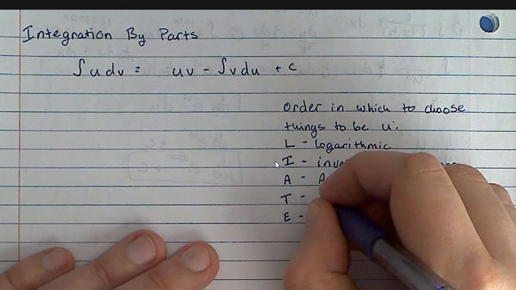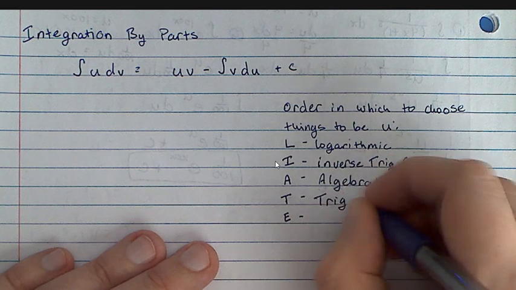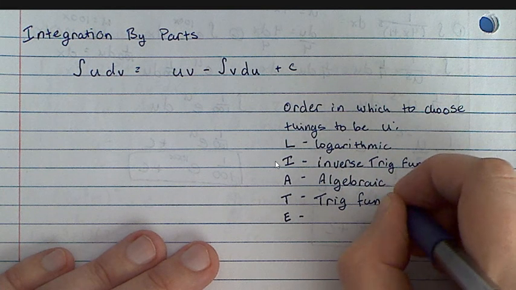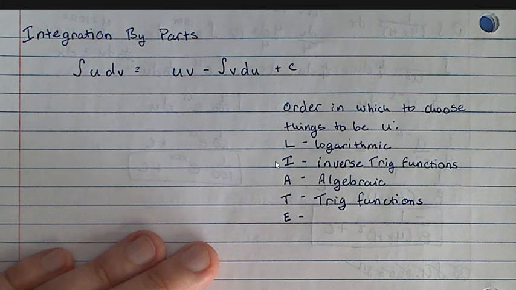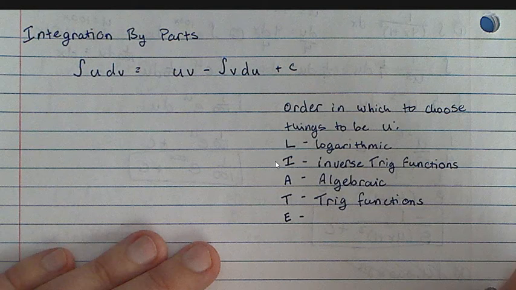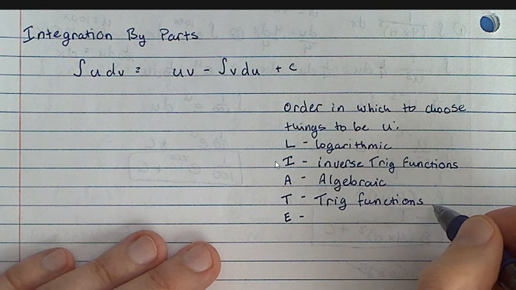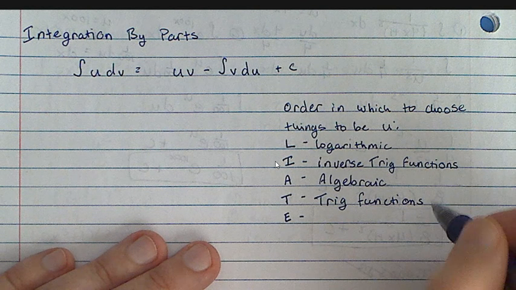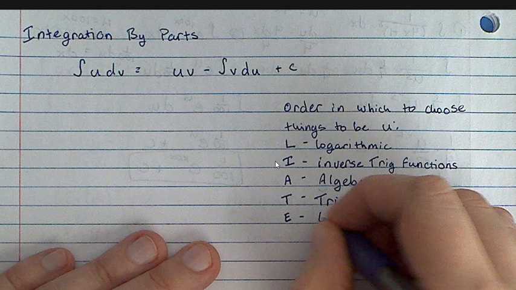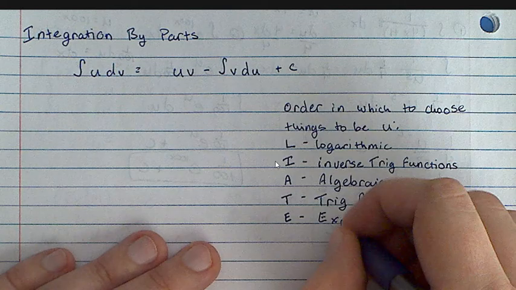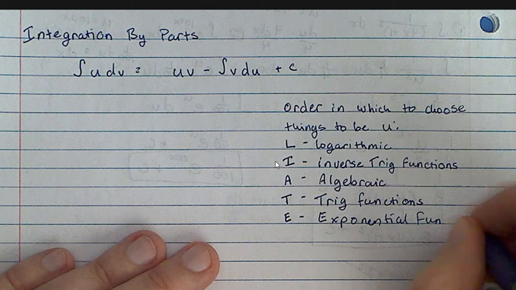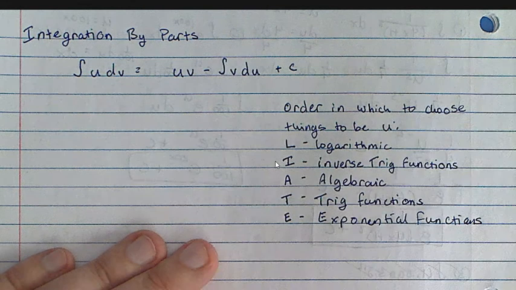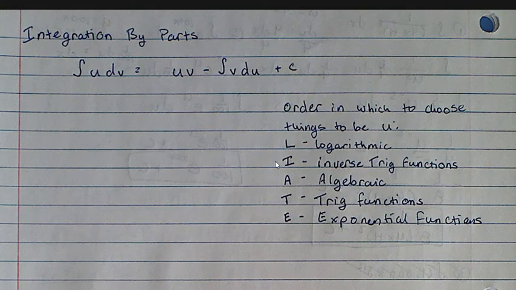T is plain old trig functions, like sine, cosine, or tangent. They get weird when you start using them for u, so they're one of the last things you want to use for u. And the last thing you want to use for u are exponential functions like e to the x. This is the order in which you want to try to choose things to substitute in for u.